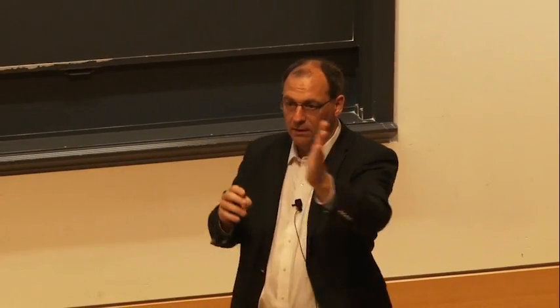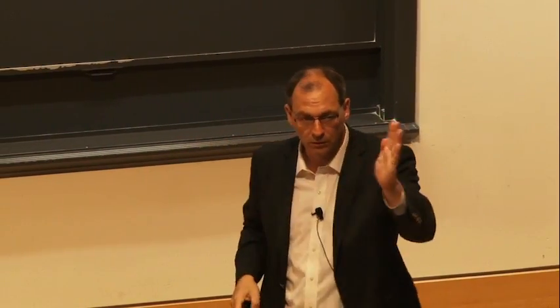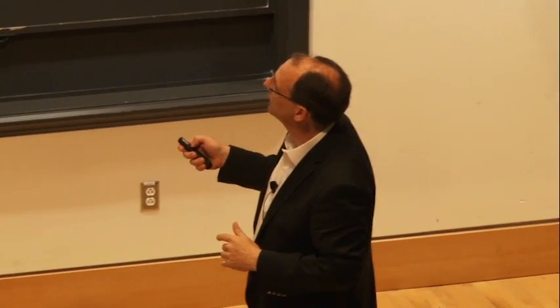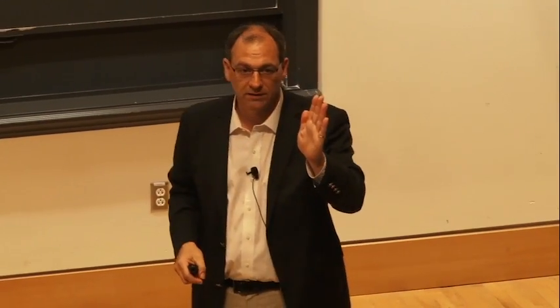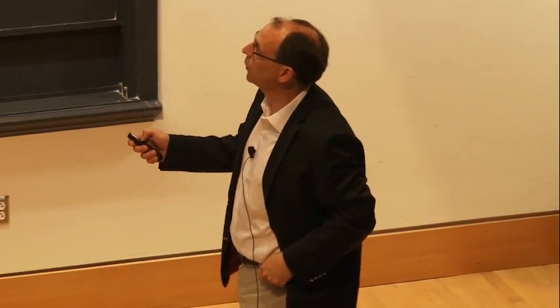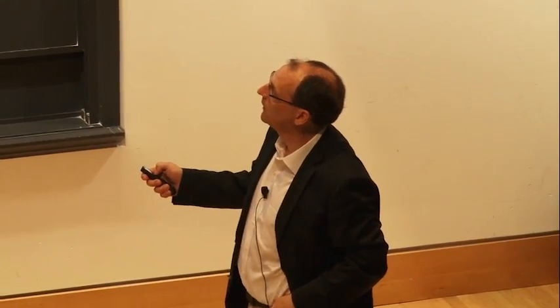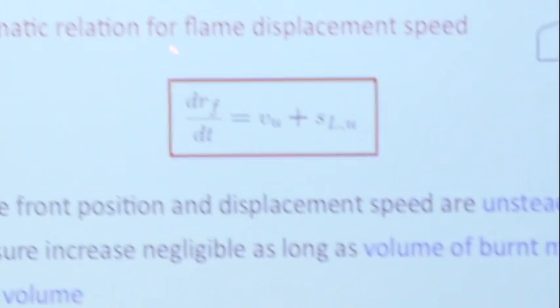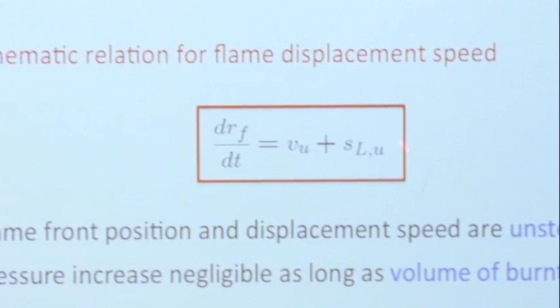Let's say the burning velocity was 0, but you have a background velocity, then that background velocity would still carry the flame, and you would see a movement of the flame even though it doesn't burn. Okay, so that's this first part here. And then the second part, of course, in addition to just the background velocity that moves the flame around, it also burns, and so you see the propagation. Okay, so the observed displacement speed is the background velocity that just carries the flame around plus the burning velocity.